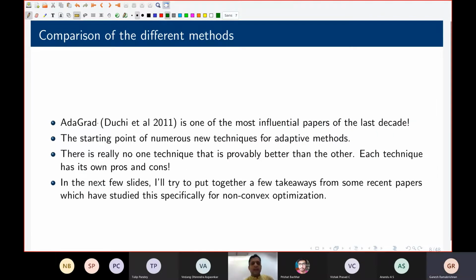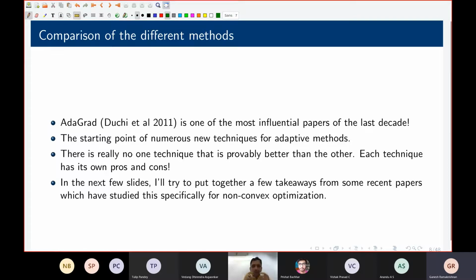Adagrad is one of the most influential papers of the last few years, and many numeric techniques that have been improvised upon are based on Adagrad. As I said, Adagrad itself got fixed through RMSprop and so on, but it's still very pivotal.